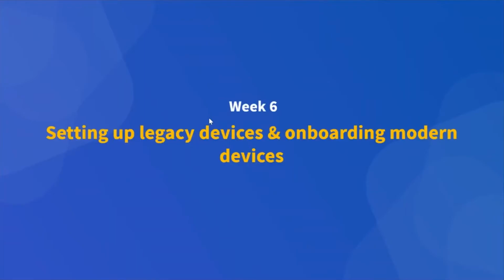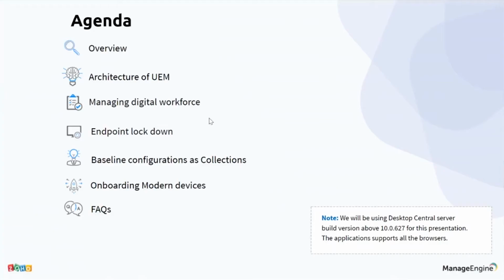Let's look at today's agenda, which is setting up legacy devices and onboarding modern devices. We will have an overview of Desktop Central. Then we will look at the architecture behind how Desktop Central works, how it helps you adapt to the digital workforce, and how efficiently you can manage work-from-home machines.